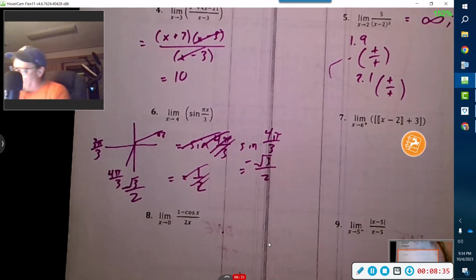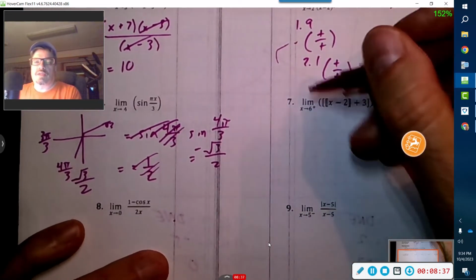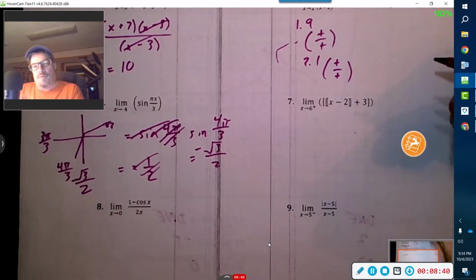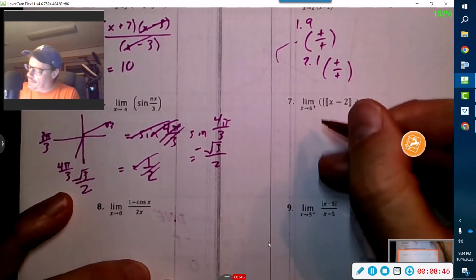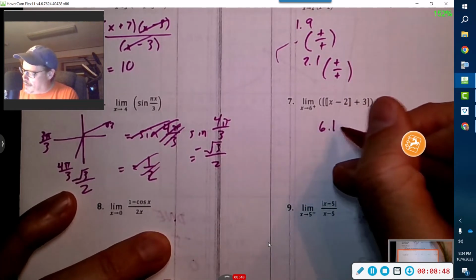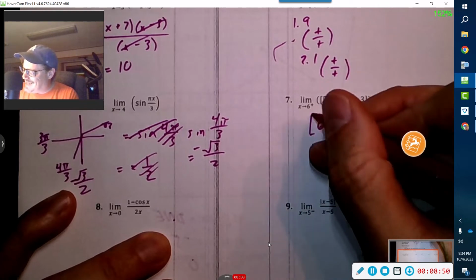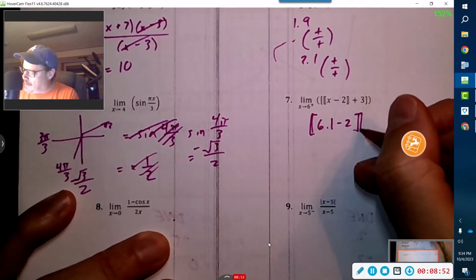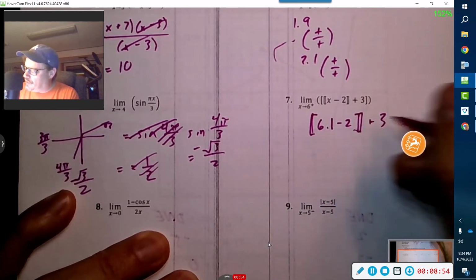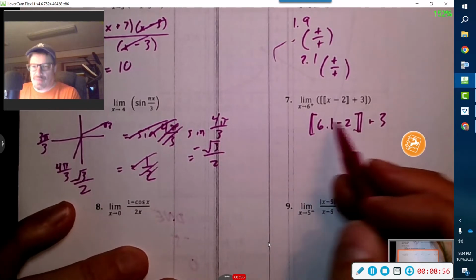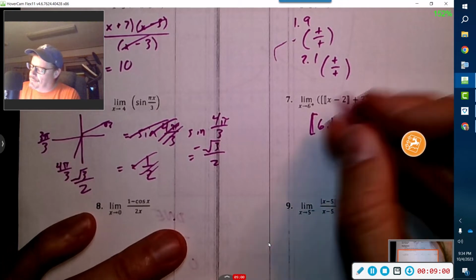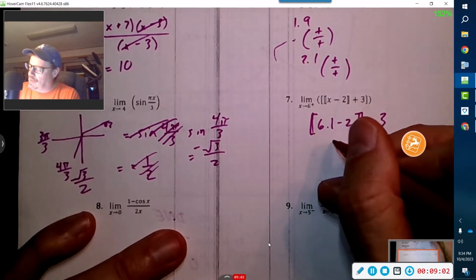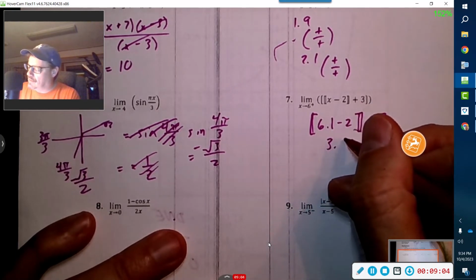All right, my bad. So here you're going to come from the right, and you're going to plug it in. Let's just pick 6.1. So 6.1 minus 2, but we're going to find out what that is first, and that would be a 3.9, right? 3.9.